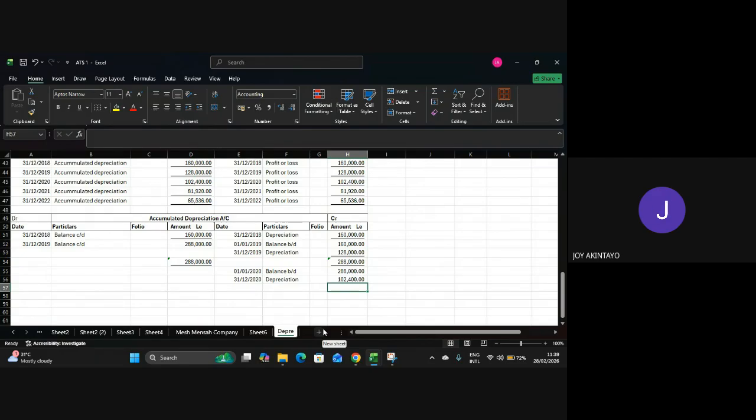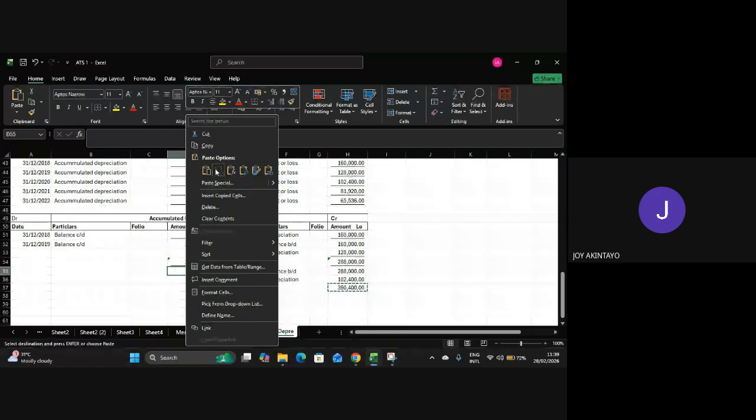How much is that? 390,400. Okay, so your 390,400, you carry it here as your balance carry down.